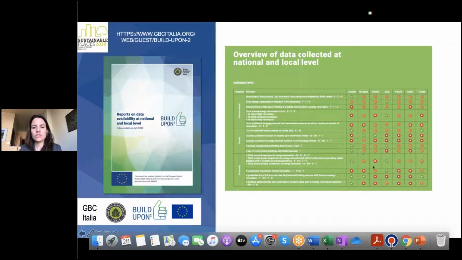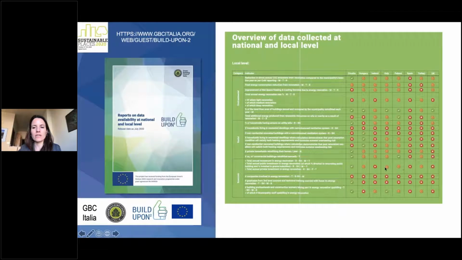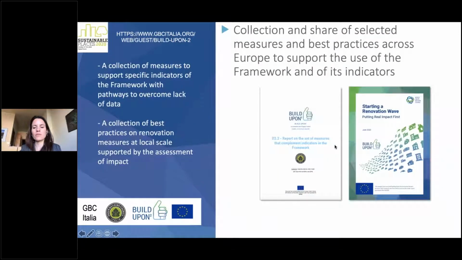And the situation is quite similar at the local level, where the amount of red circles is even greater, which represents that very few data are collected at the local scale by cities on building renovation indicators. So this means that municipalities will have to work a lot to introduce this type of indicators in their normal practice.